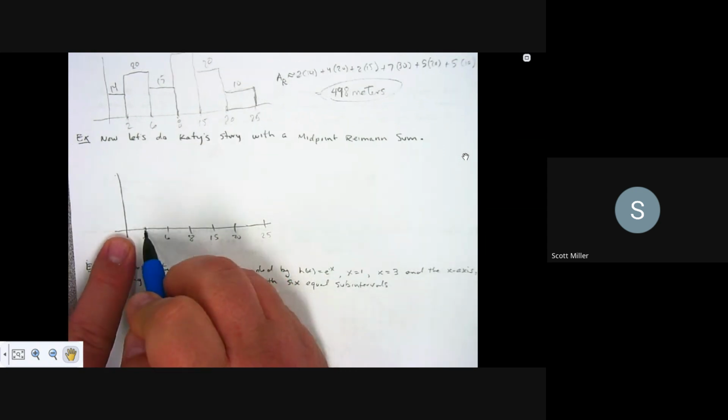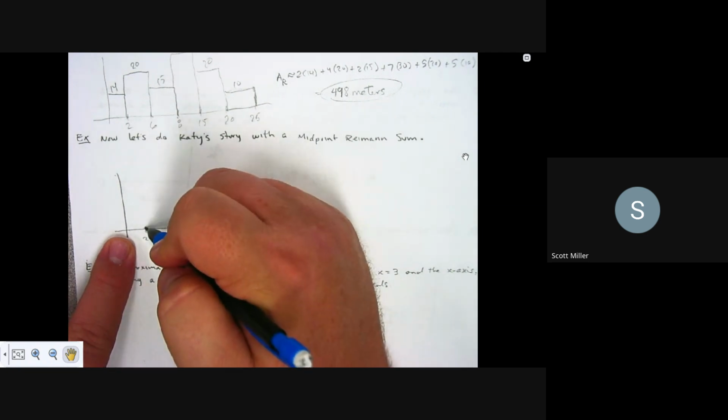Since between 0 and 6, 2 is in here, I can take this and come up to that distance there, which is 9.